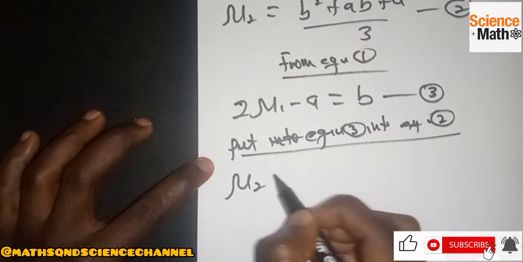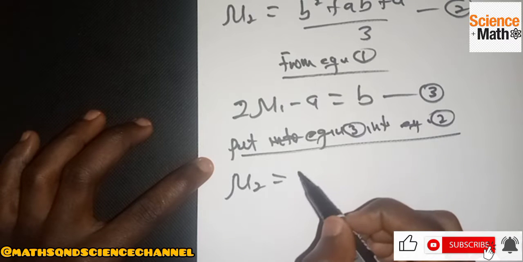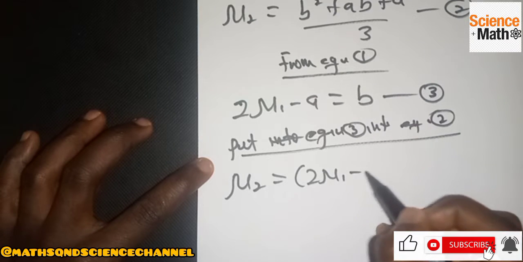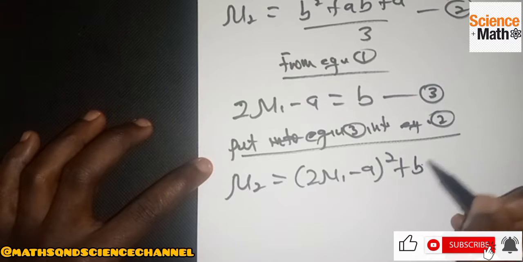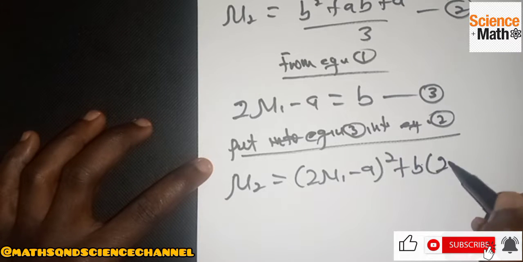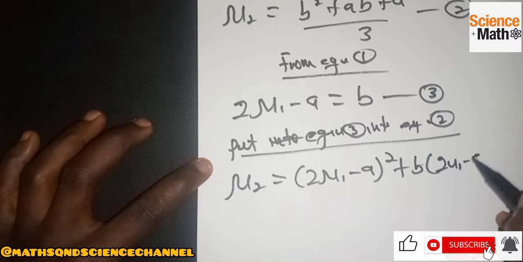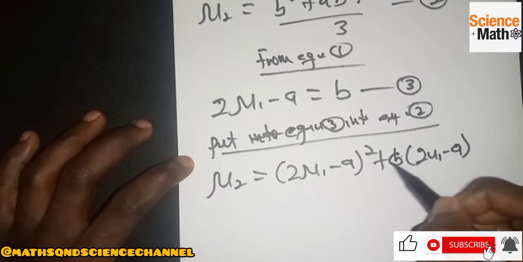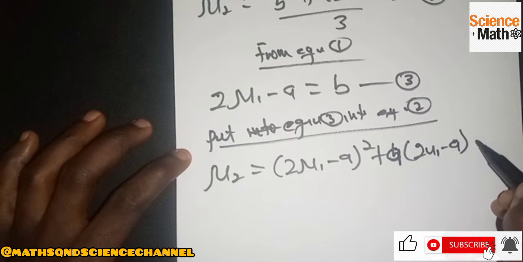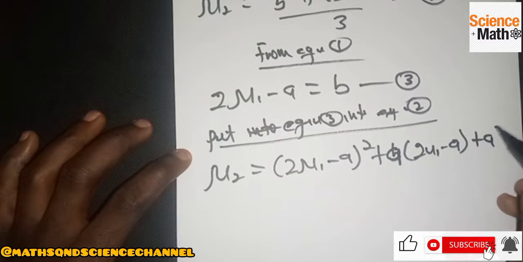So we have this being equal to 2 mu1 minus a squared plus a multiplied by 2 mu1 minus a, and then we have plus a squared.